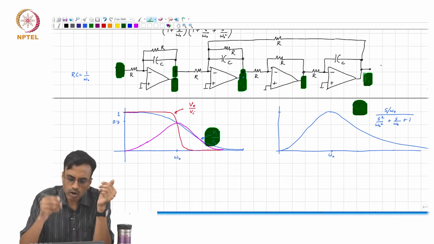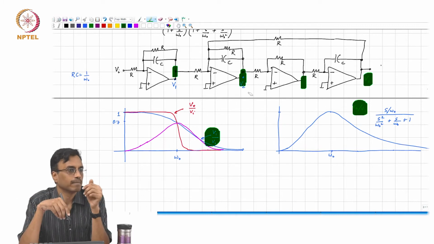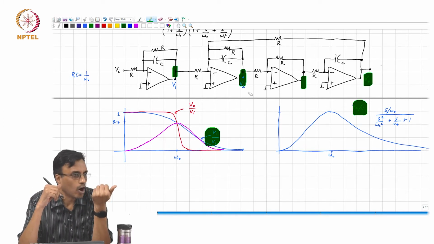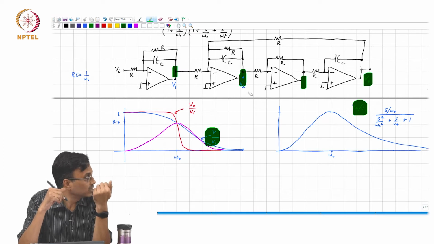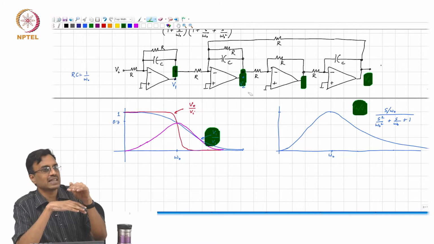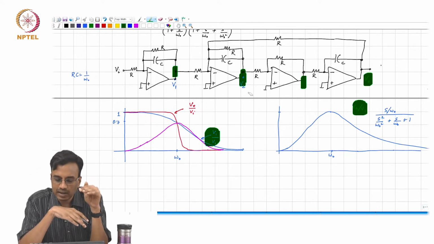So what we want to do therefore is to avoid op amp saturation, and we'd like to avoid op amp saturation for an input signal which is as large as possible. And the reason behind that is the following.